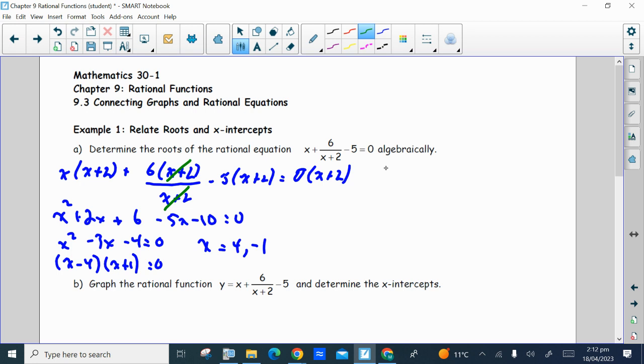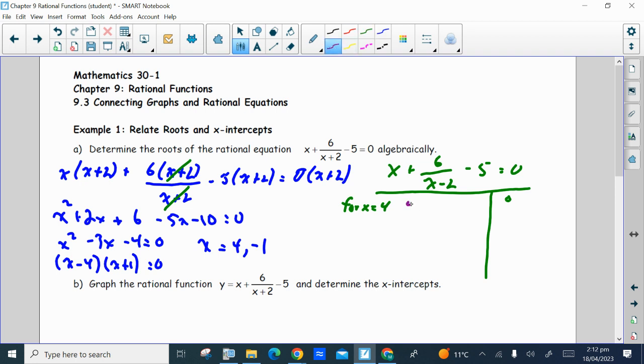So we will check, starting with the original equation. So starting for x equals positive 4.